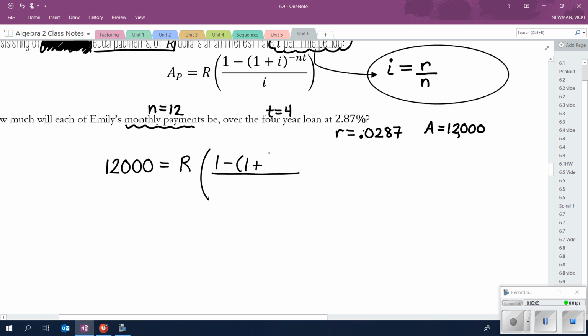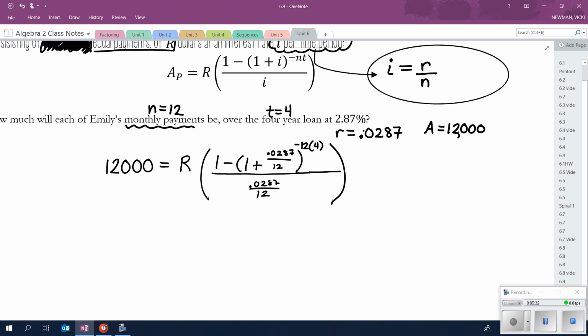I is r over n, so 0.0287 over 12 raised to the negative 12 times 4 all over 0.0287 over 12. Close the parentheses here. Is that a hot mess? It's an absolute disaster, right?